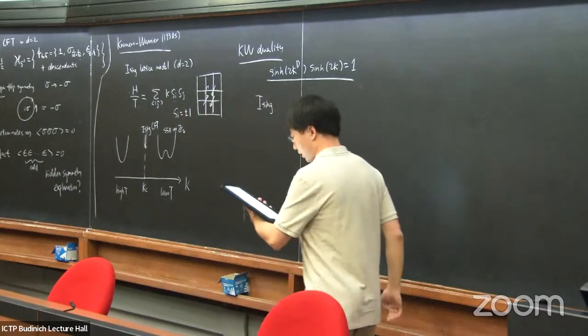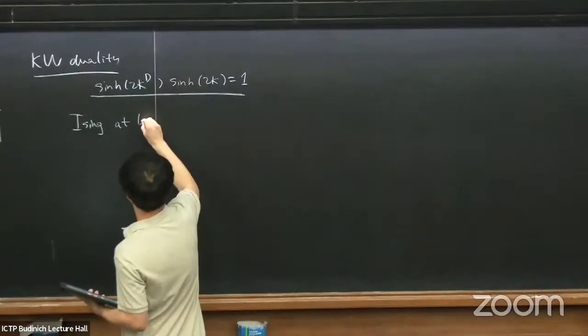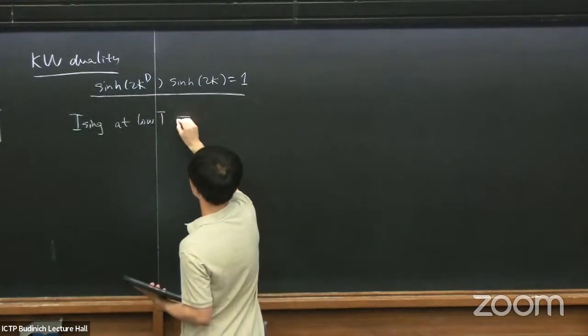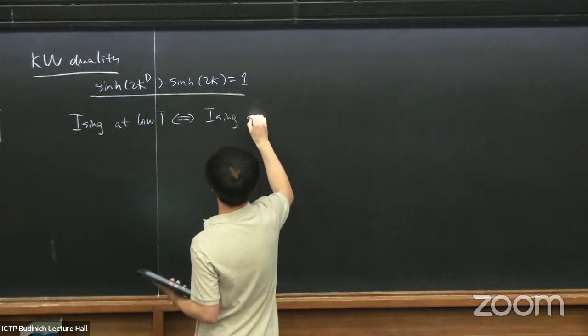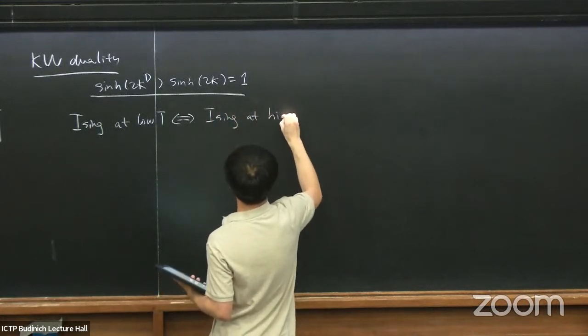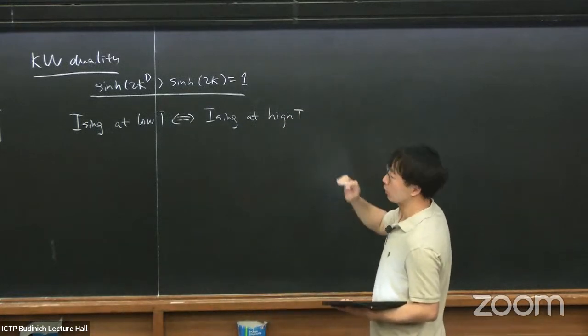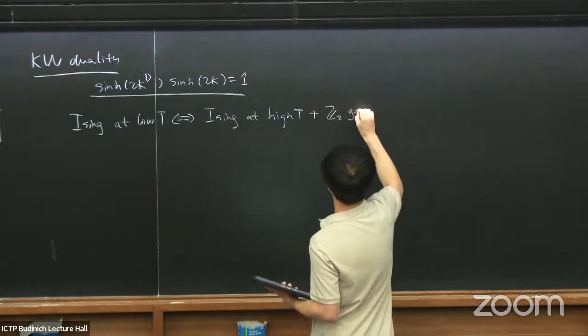And in more detail, it was found that the precise statement is that Ising at low temperature is dual to Ising at high temperature, in the infinite volume. But to be precise, you also need to introduce another Z2 gauge field.